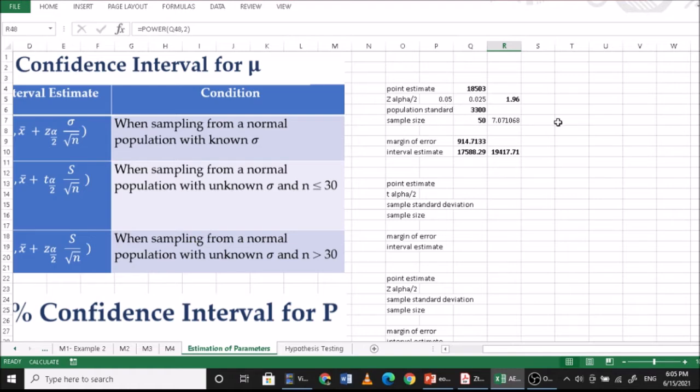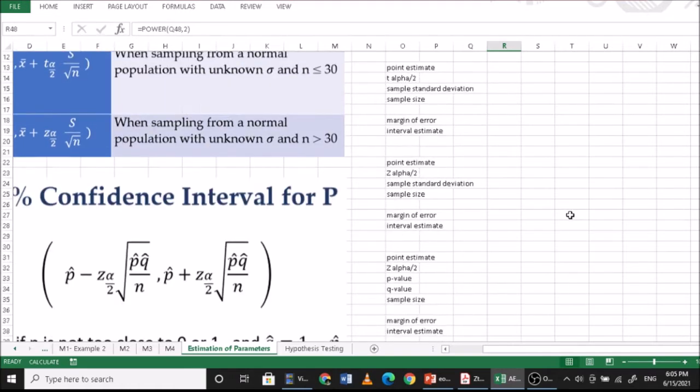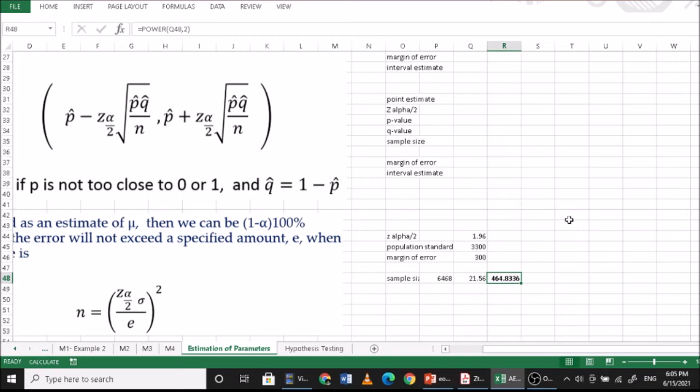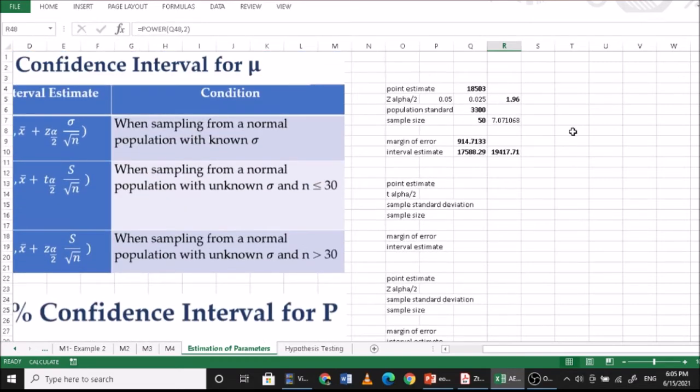So using that, instead of 50, you use 464 or 465. So let's have 465 as your sample size. Okay, then using everything else, we solve for your margin of error. So first we get the square root of 465.